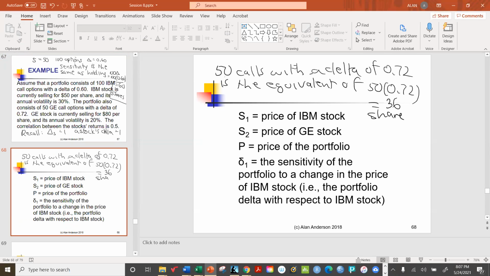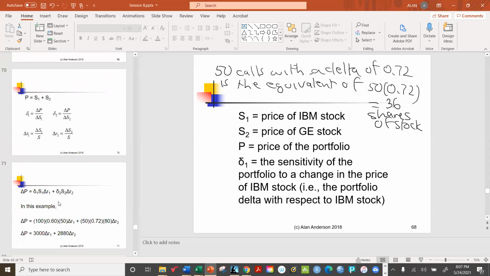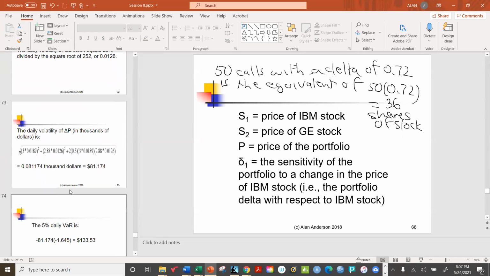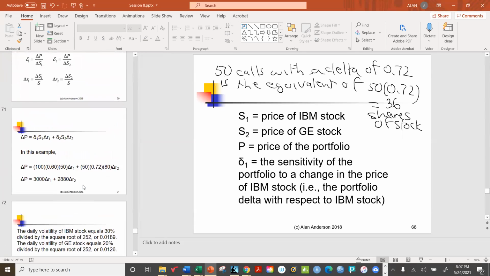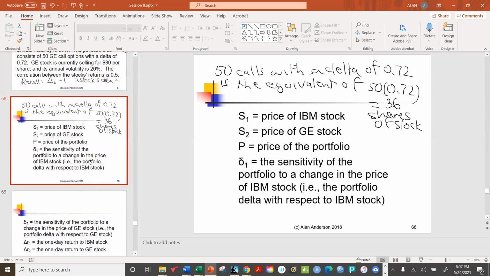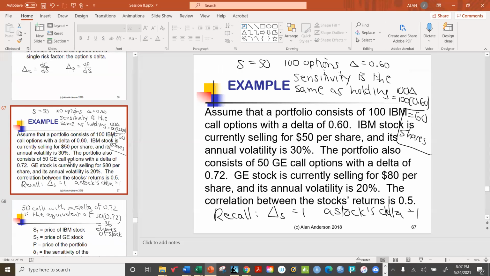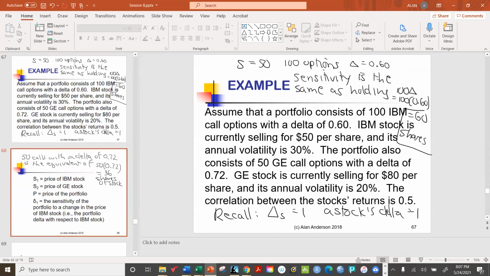In other words, 50 calls have the same delta as 36 shares of stock. So as far as the risk goes, we may as well treat it as 36 shares of stock. And by doing so, we can use the same formula. And remember, the stock is currently selling for $80 a share.